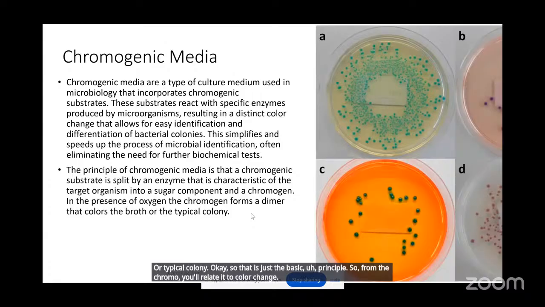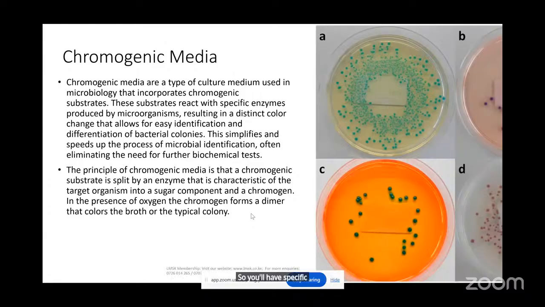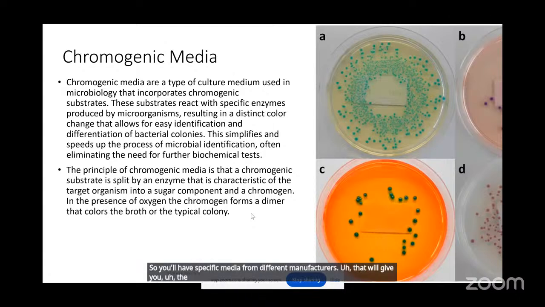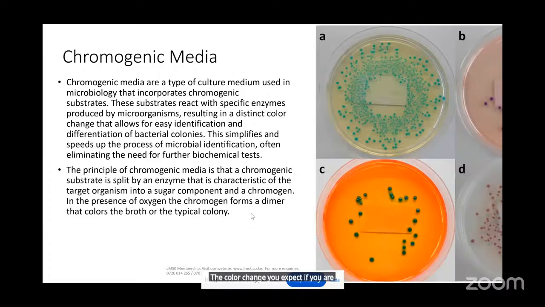So you'll have specific media from different manufacturers that will give you the specifications on how to use their chromogenic media, the color change you expect if you are narrowing down to a specific organism. They'll even have the charts for those color changes and how you can narrow it down and ID an organism from it.